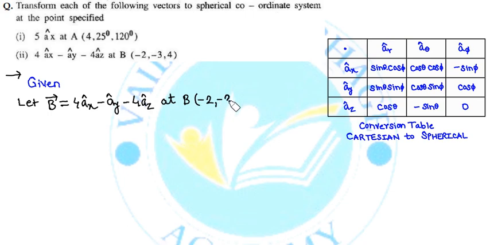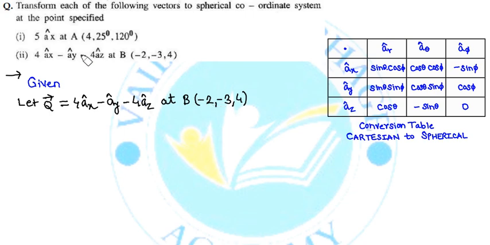It is located at B, with the coordinates -2, -3, and -4. So let us say this is your vector Q, which is given to be 4ax cap minus ay cap minus 4az cap, located at point B (-2, -3, -4).